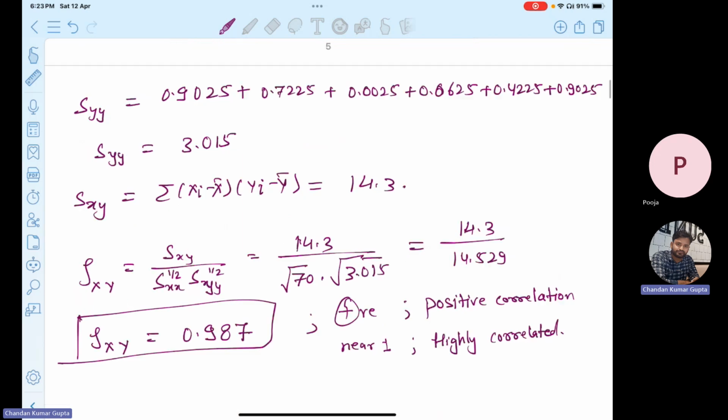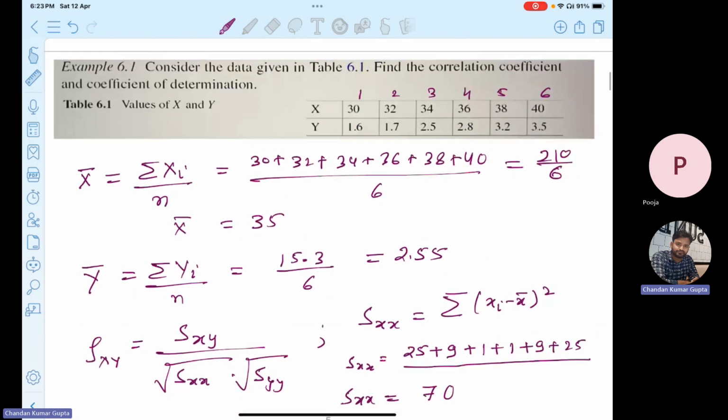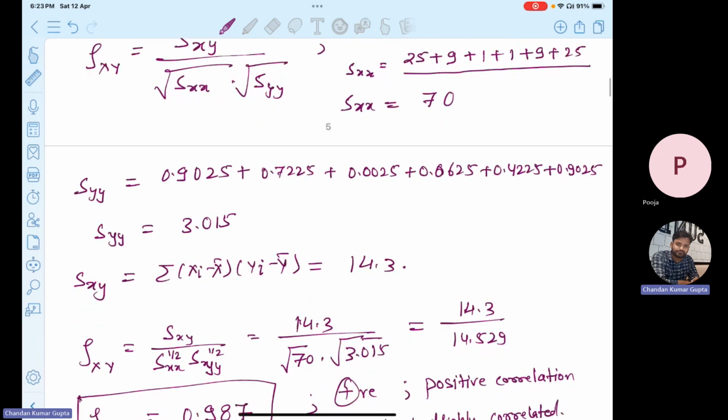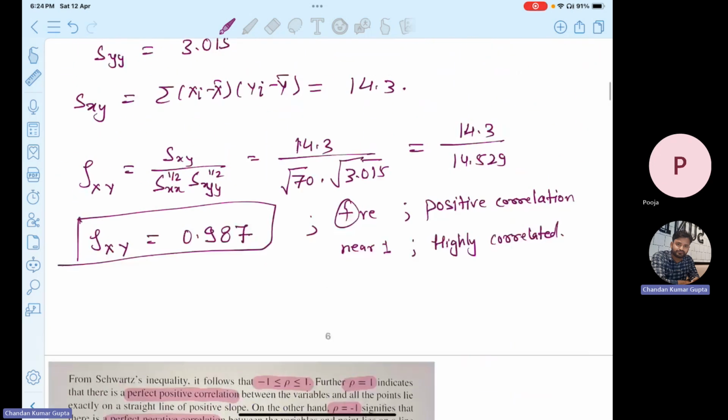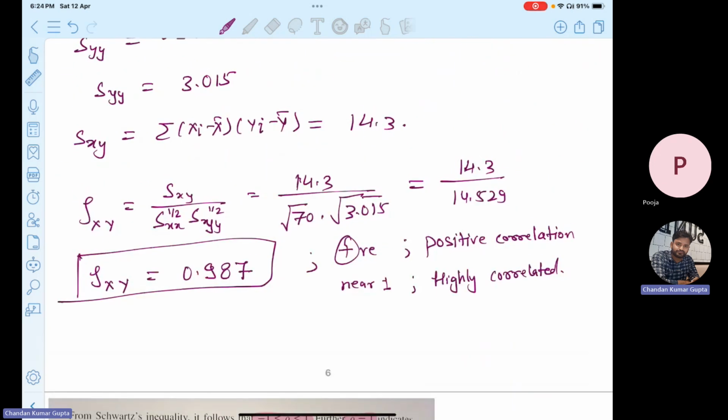Also, we need to calculate the coefficient of determination, which is nothing but the square. So rho square is 0.987 squared, which is approximately 0.968.